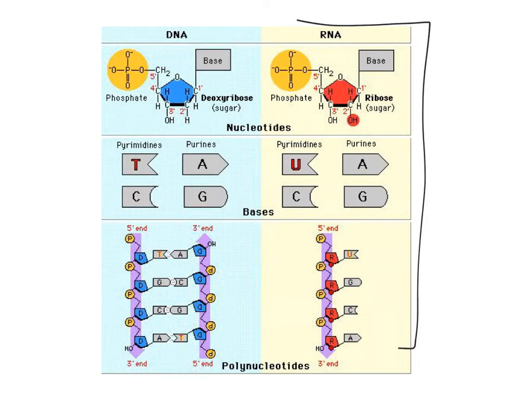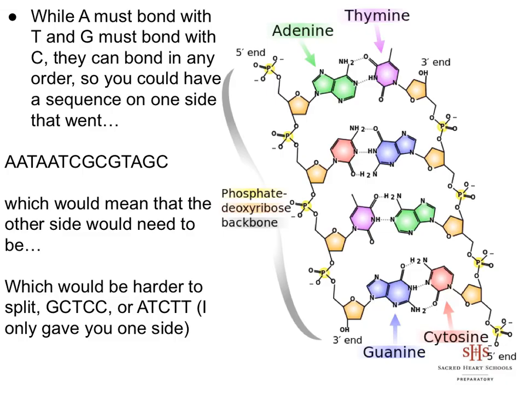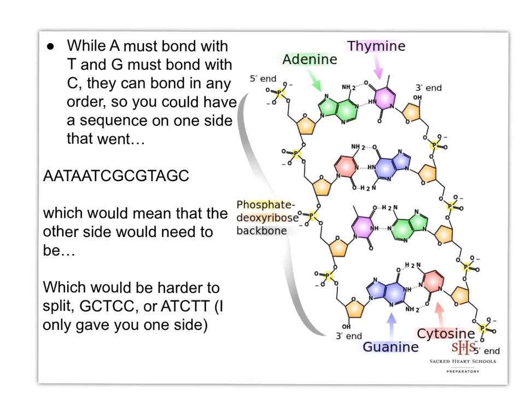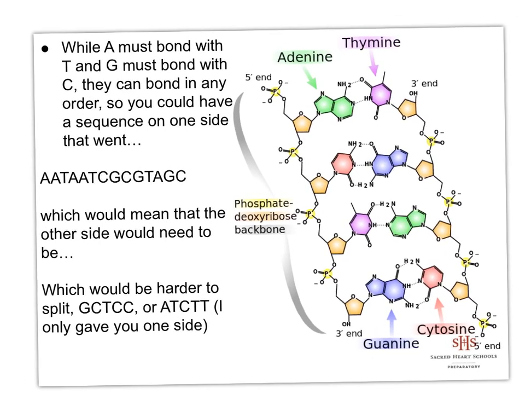This just discusses the differences between DNA and RNA. This is a slide you've seen already. So the purpose of this slide is to show you that because you know what adenine bonds with and you know what guanine bonds with, you only actually need half of the DNA molecule in order to be able to predict the other half.